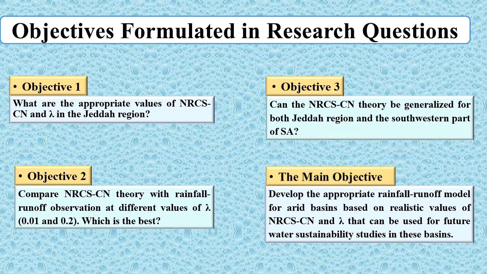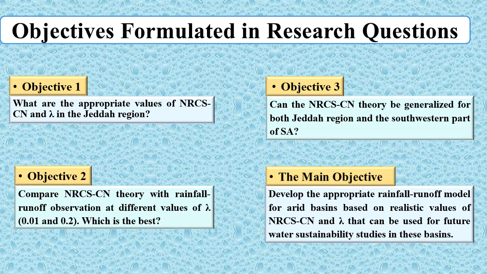So our objectives in this research can be set as these three main objectives, which will focus on a main objective. The first objective, which I try to formulate as research questions, is: what are the appropriate values of NRCS CN and lambda in the Jeddah region, because my study area will be focusing on Jeddah.